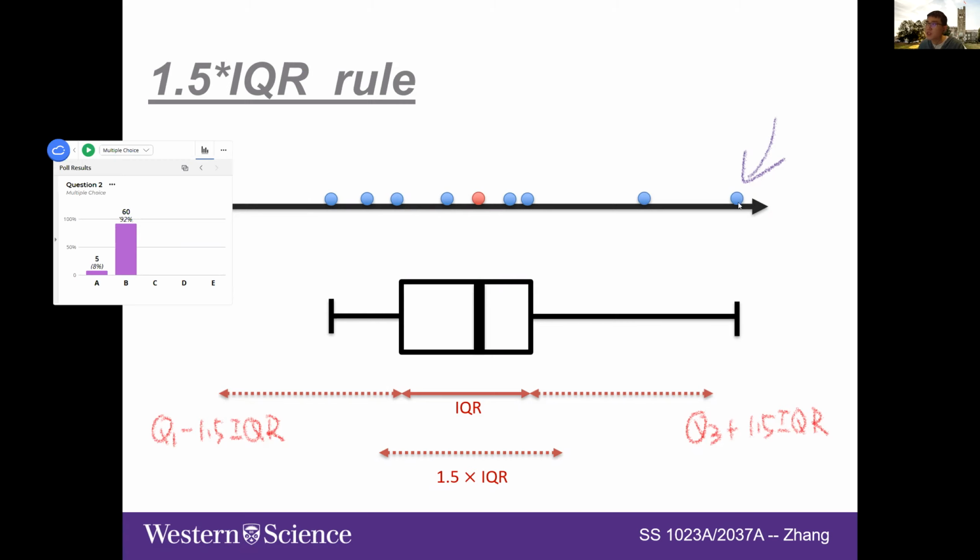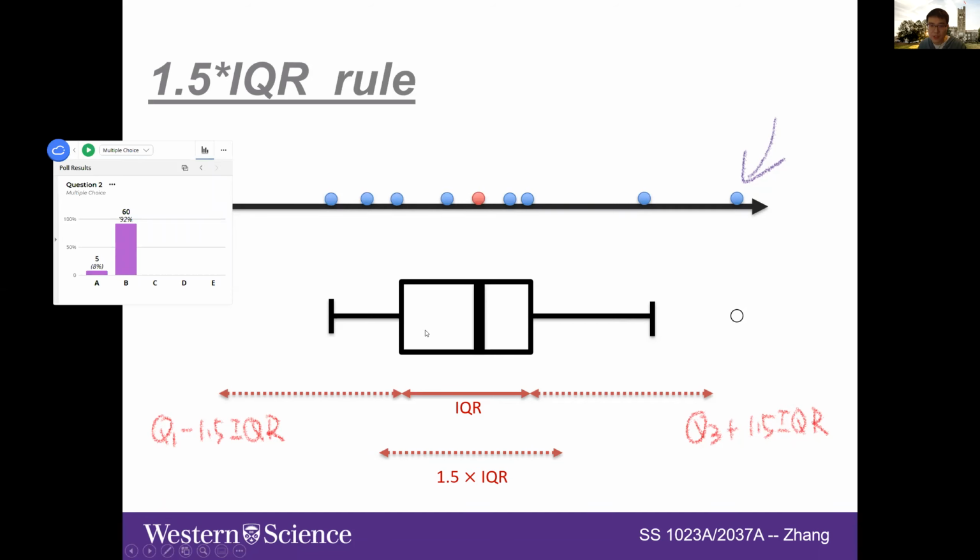After considering this as an outlier, we will put it as a dot to denote it. And that's why this will be only determined by the largest dot that is located within this range.